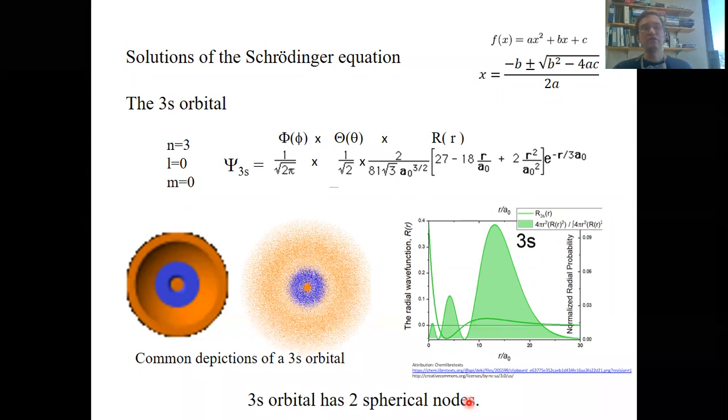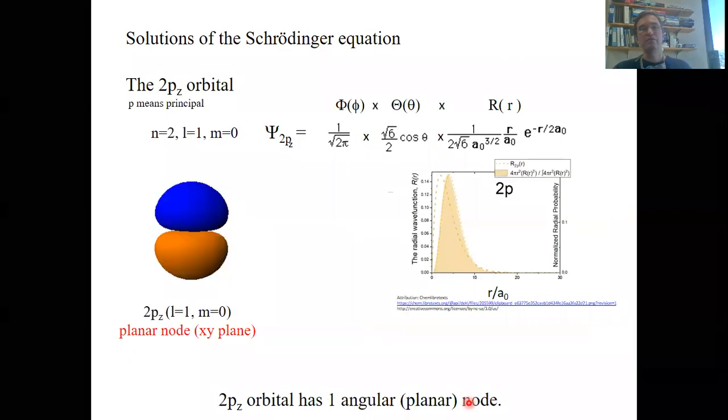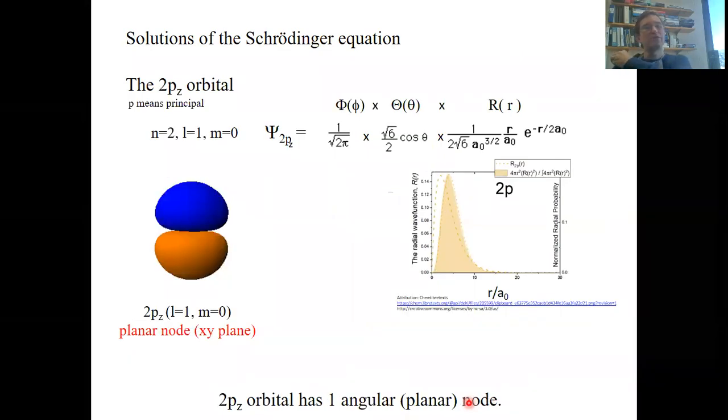So for that reason, we now leave the s orbitals and instead look at p orbitals. The p orbital with the smallest quantum number n is the 2p orbital. And for that now we need to consider 3, because for a p orbital, which has the quantum number l equal to 1, there are 3 allowed quantum numbers ml.